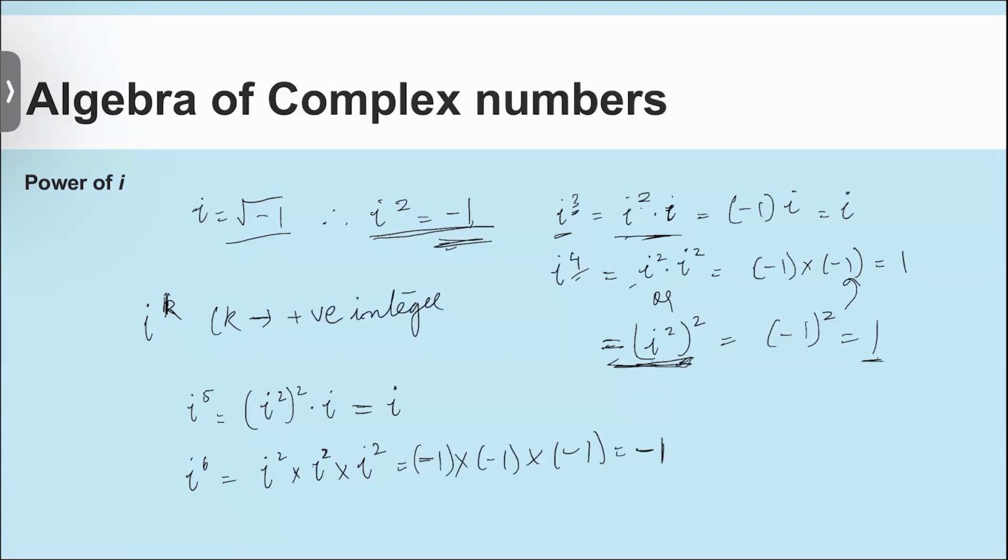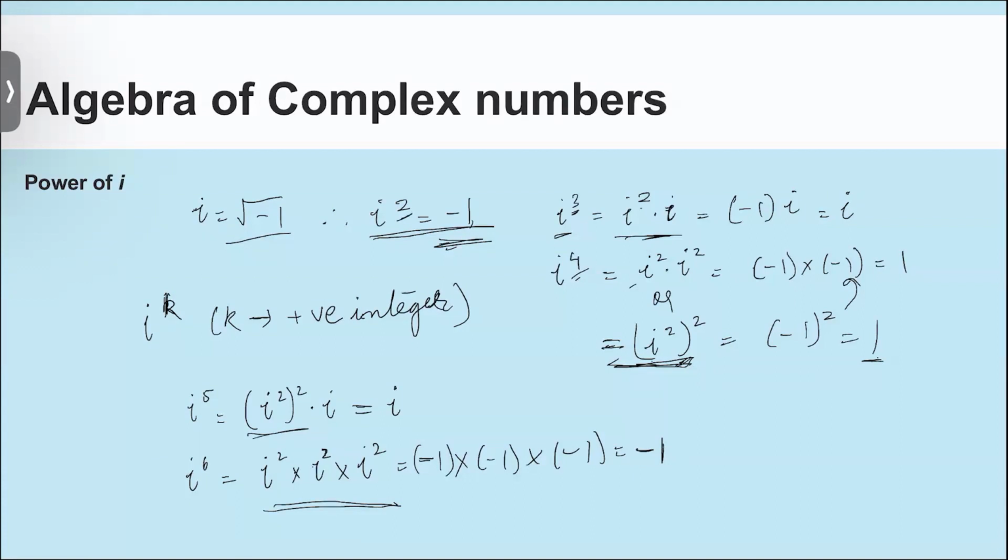Now, obviously, every time you are given I raised to some integer, you might have to do this entire simplification or expansion, and it becomes tedious, and there has to be some easier general form. So let's try to see if you have even numbers.